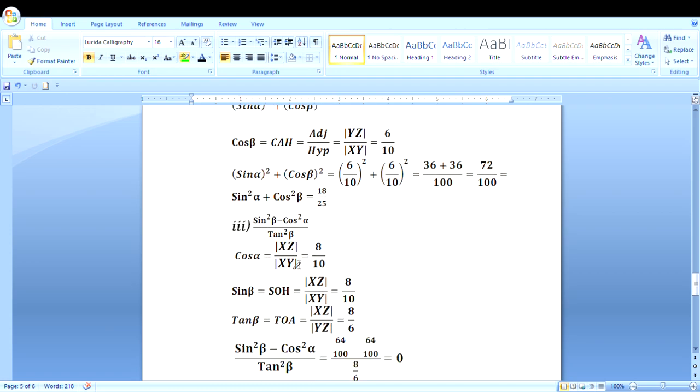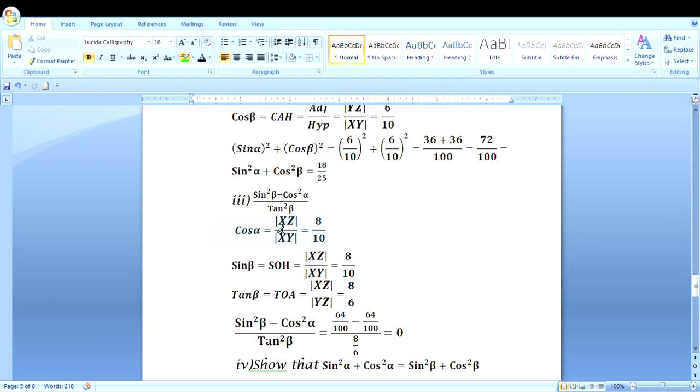Now let's look at sine square beta minus cos square alpha divided by tan square beta. So cos square alpha is xz divided by yz, and xz is 8 over 10. Now similarly, sine beta is xz divided by yz, which is 8 over 10. Let's go back.